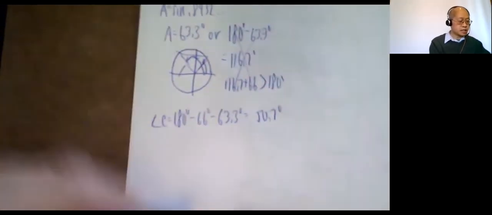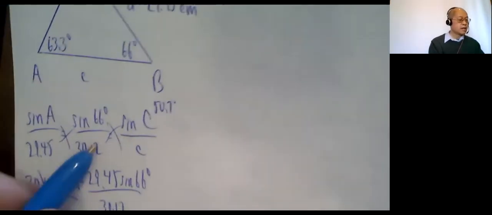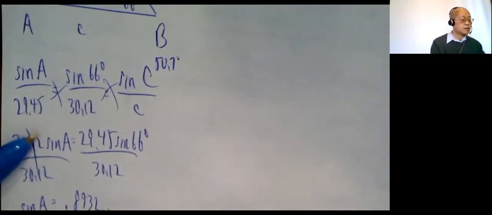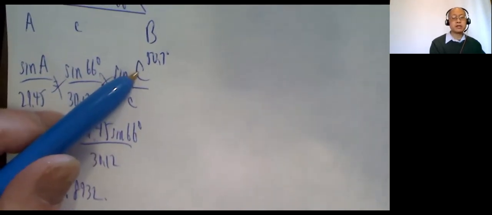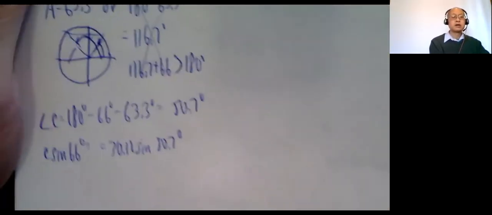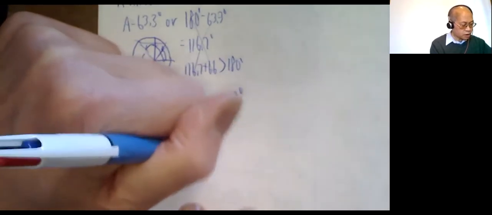So C sine 66 is equal to 30.12 sine of 50.7. Divide by sine of 66, and we are done.